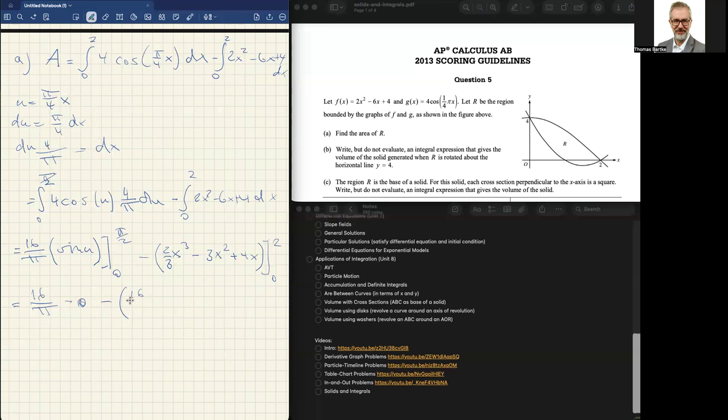So that's 16 over 3 minus 2 squared is 4 times 3 is 12, and then plus 4 times 2, that's 8. And then inserting 0 into this will turn everything to 0 again. So just going to put 0 here at the end. I guess technically this parentheses goes here.